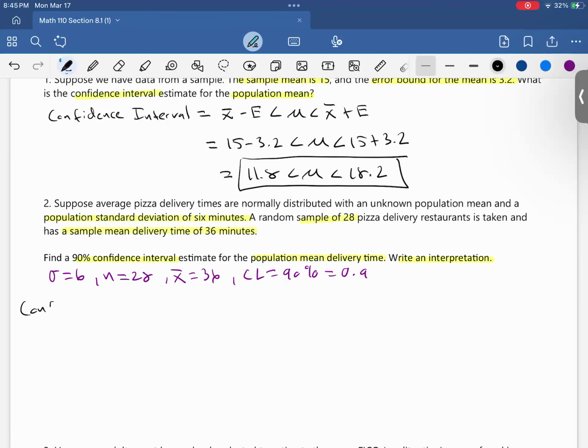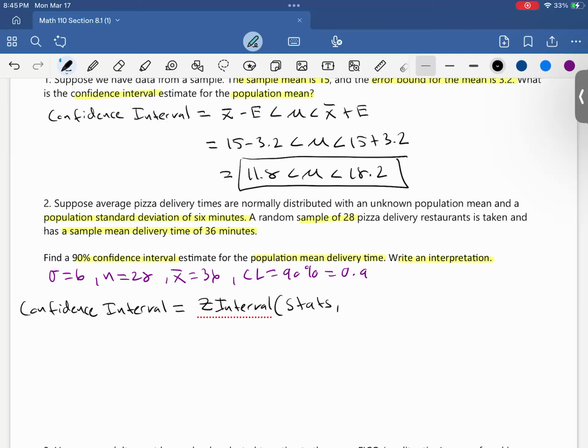So what we need to do here is construct a confidence interval, and we're going to use Z interval. And since we aren't given a list of data and we're just given a summary of the data, we're just going to use stats.